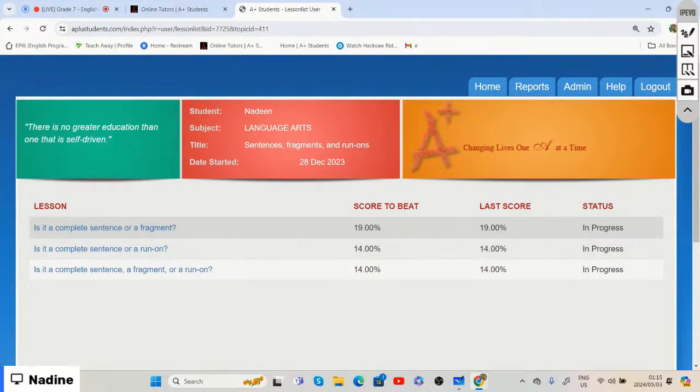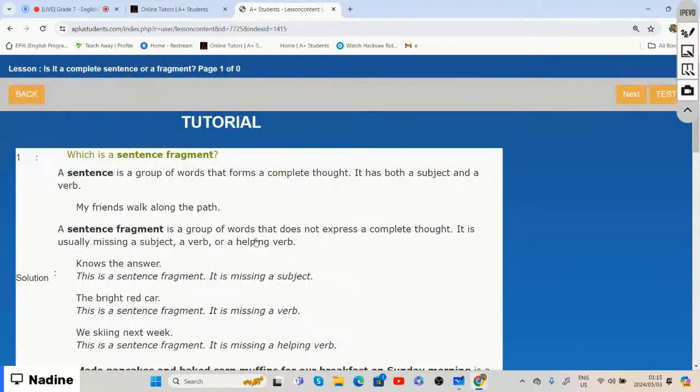So now we're going to do: is it a complete sentence or a fragment? And remember, we said a sentence expresses a complete thought. A sentence is a group of words that expresses a complete thought, and it has both a subject as well as a verb.